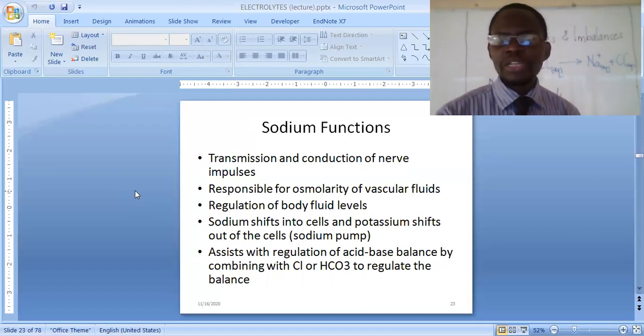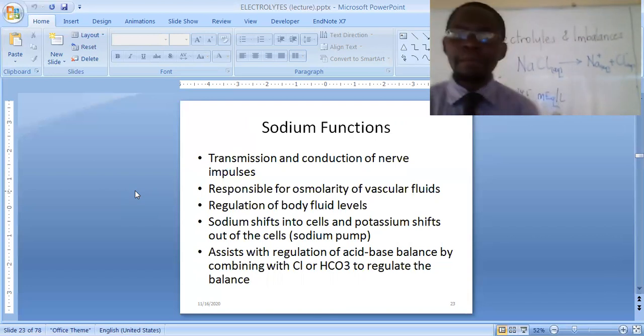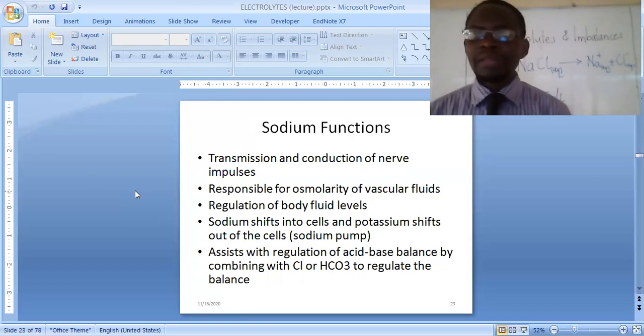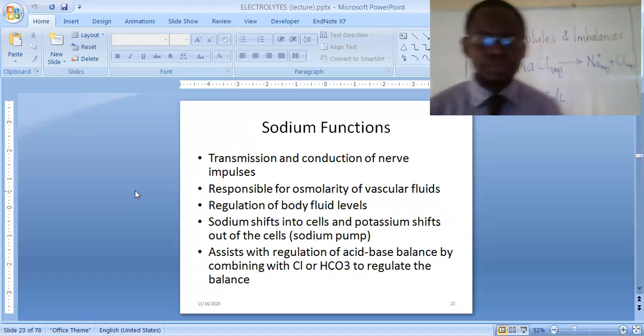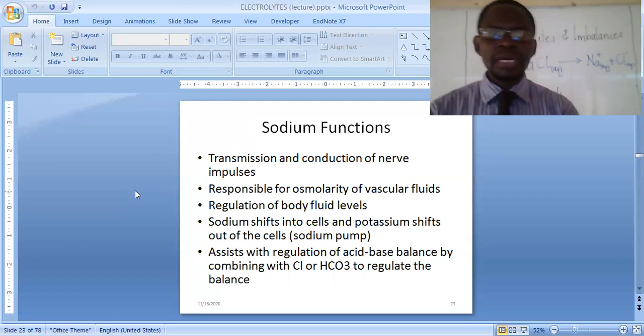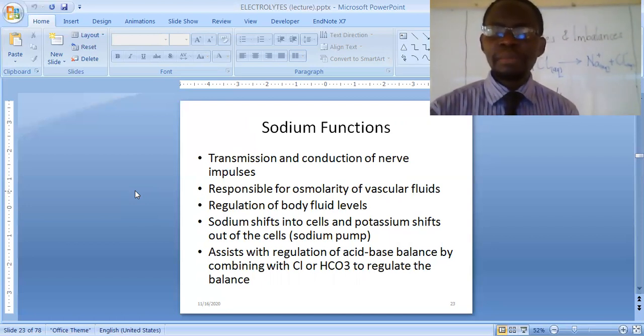It is also responsible for osmolarity, as we have mentioned earlier. And within the cell, the sodium-potassium pump pumps the sodium out of the cell, while it pumps the potassium into the cell. It also assists with the regulation of acid-base balance by combining with chloride or bicarbonate.